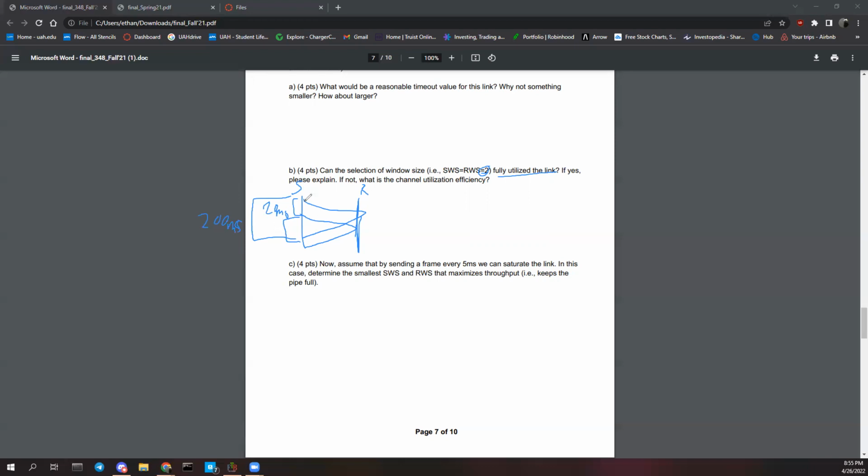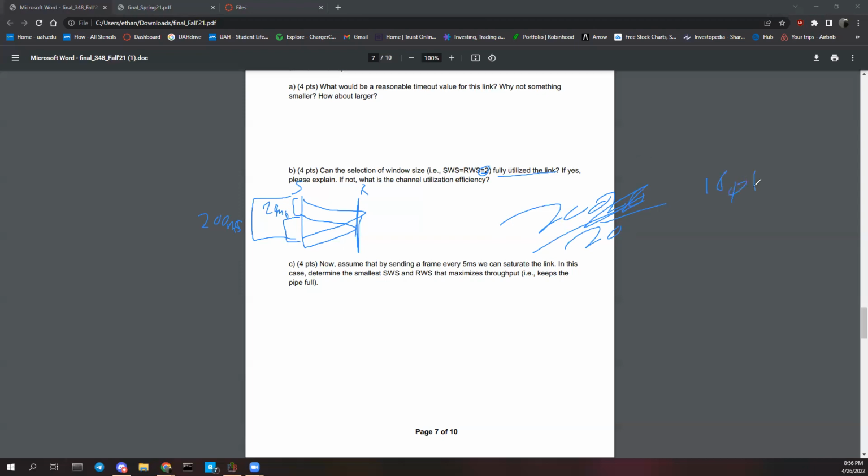What does that mean? Well, if you do the math here, it is 200 divided by 20 to find the maximum amount of packets you could feasibly send. 200 milliseconds divided by 20 milliseconds is equal to 10.